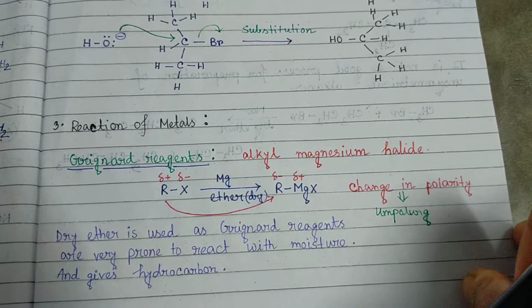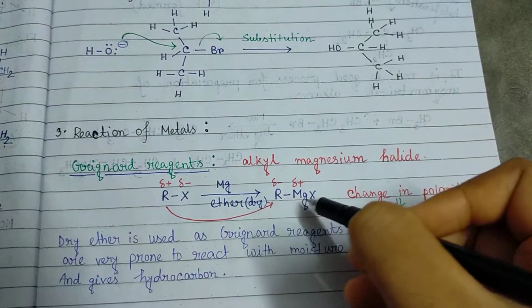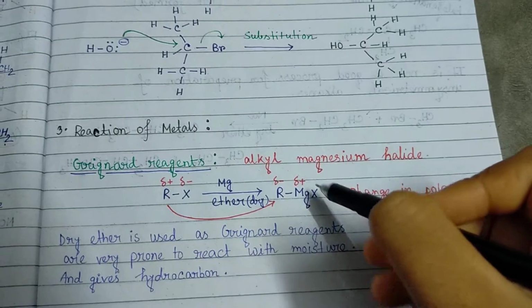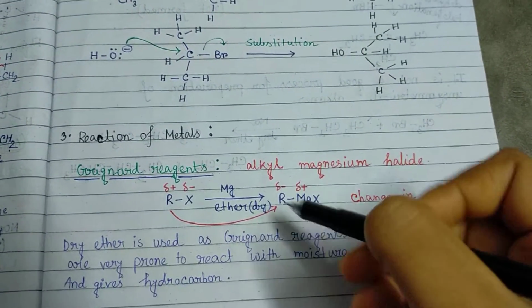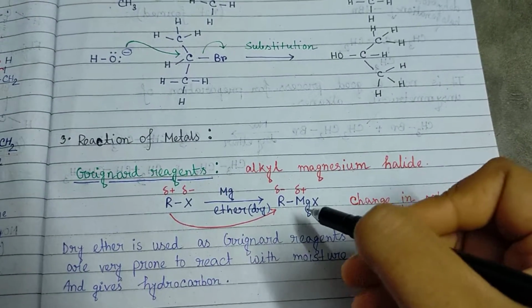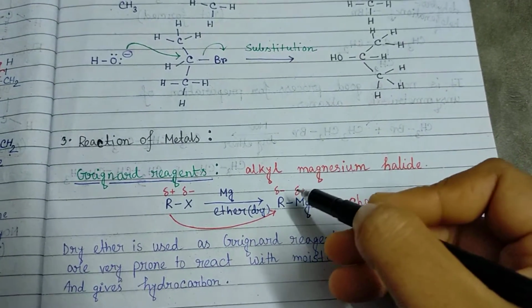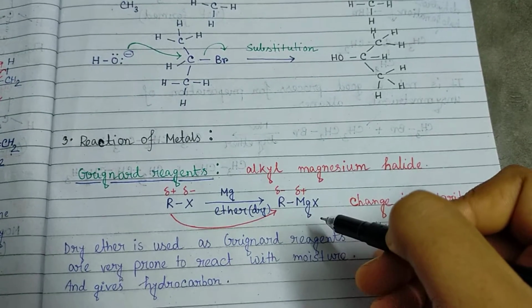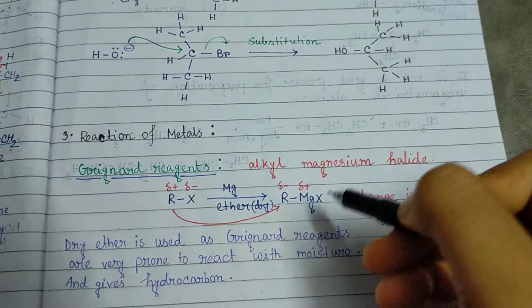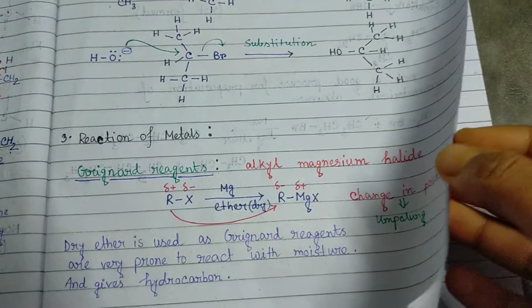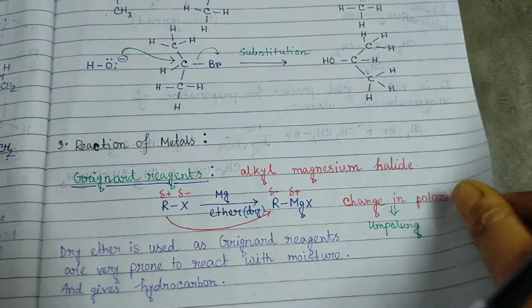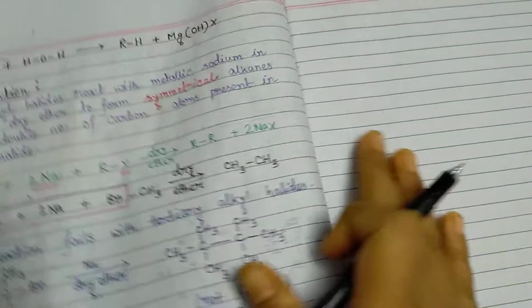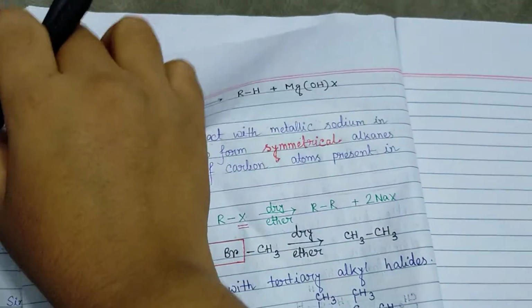Here we can also see that the R, that means the carbon part, and the magnesium, that means a metal, have formed a bond. This type of compound where carbon is forming a bond with a metal is known as an organometallic compound. So Grignard reagent is a very important organometallic reagent, which is very useful for the synthesis of different functional groups in organic reactions.